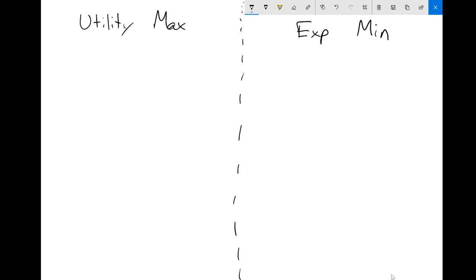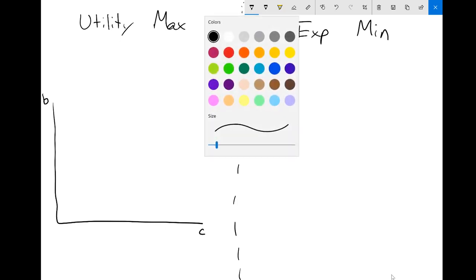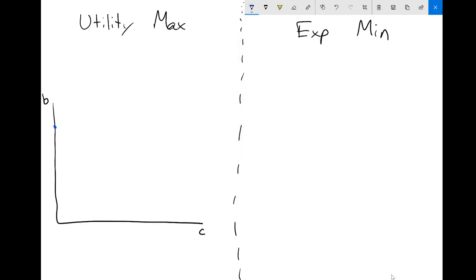Okay, so in utility maximization, let's throw our indifference curves back up here, right? We take the budget constraint as a given. This is our budget constraint. It's given. There's a fixed budget constraint that corresponds to a given level of income.